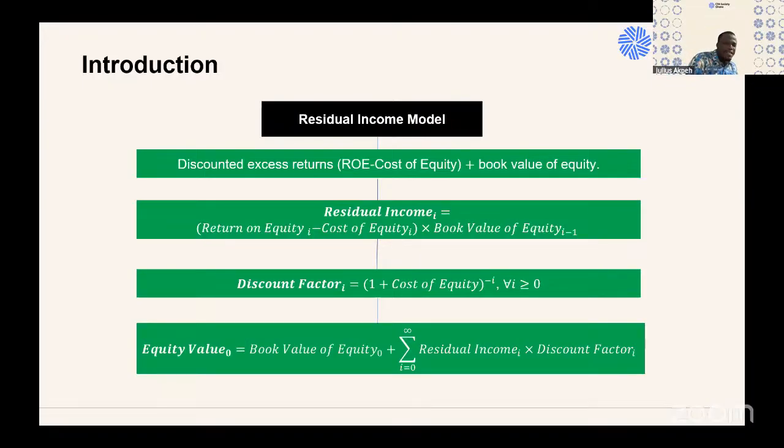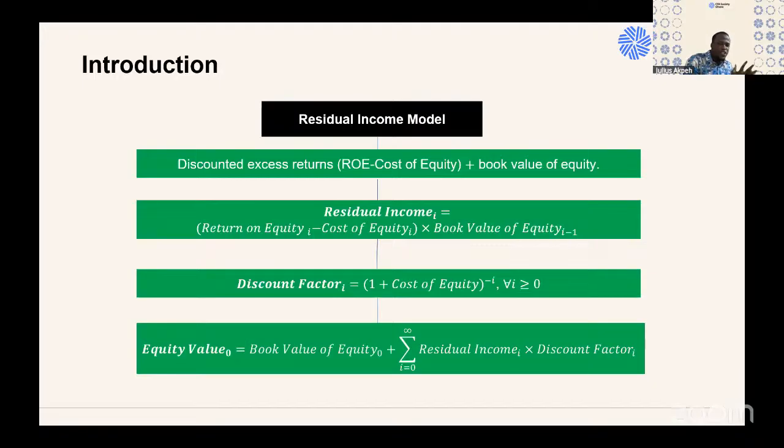If that's the case, then there will not be residual income. There will be neither a positive nor a negative residual income. So residual income is zero. Since residual income is zero, the company is neither expected to create value nor destroy value. Then it means the company must be trading at the book value. In other words, the market price of the company will resemble the book value of equity.